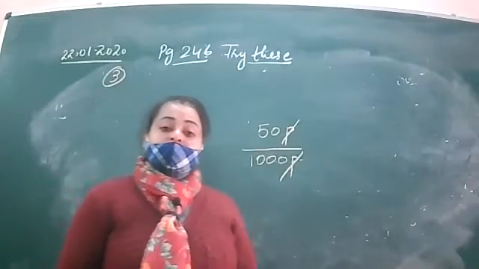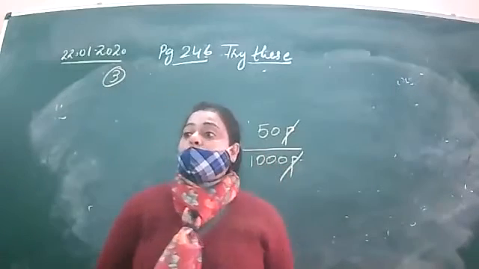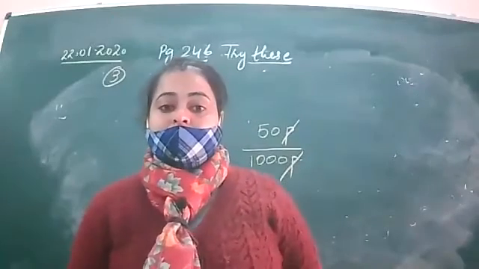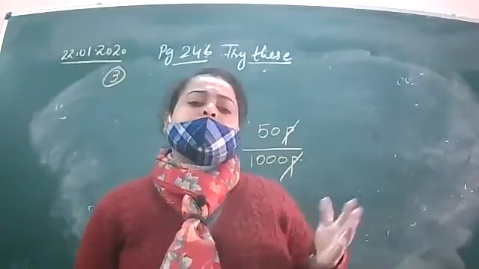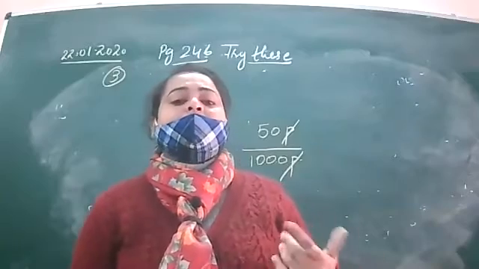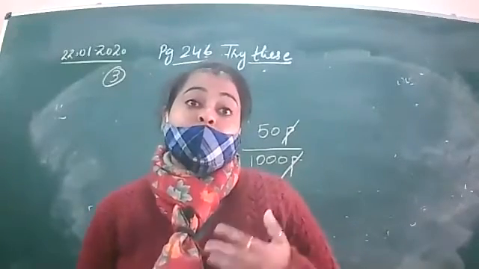So if the question is what is the unit of ratio, write down in your notebook. Students, write down in the notebook. If in the exam you will observe any question from the fill in the blanks, true, false or MCQ, what is the unit of ratio?